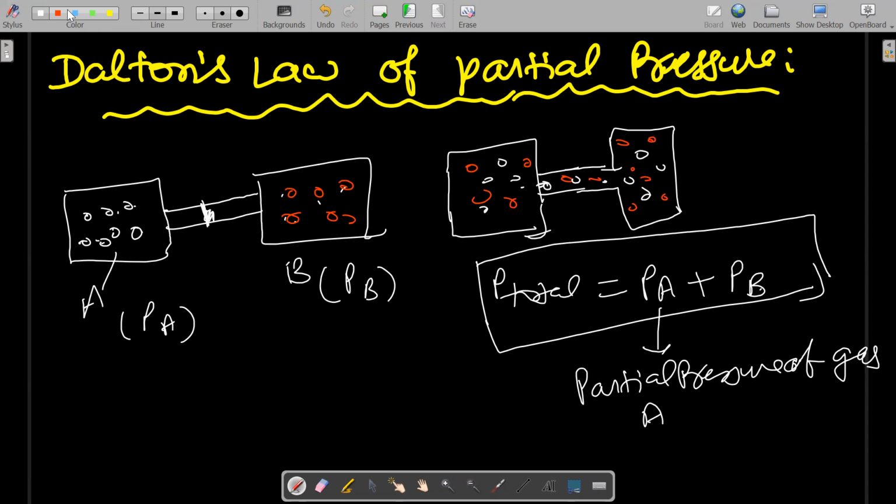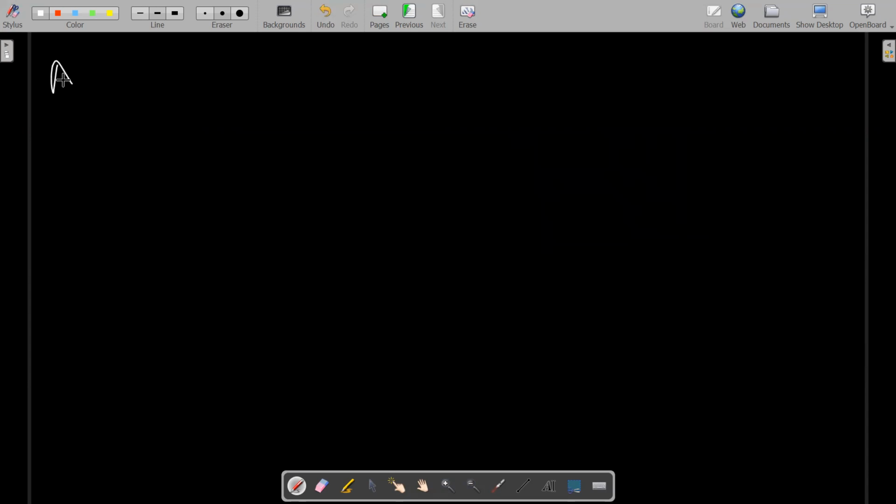We have just discussed this also. Now, what is partial pressure? Partial pressure is the pressure of each gas in a mixture. Before applications, we'll discuss one thing more.